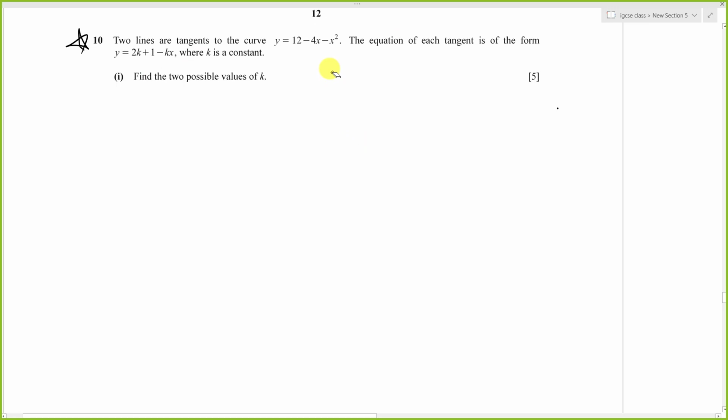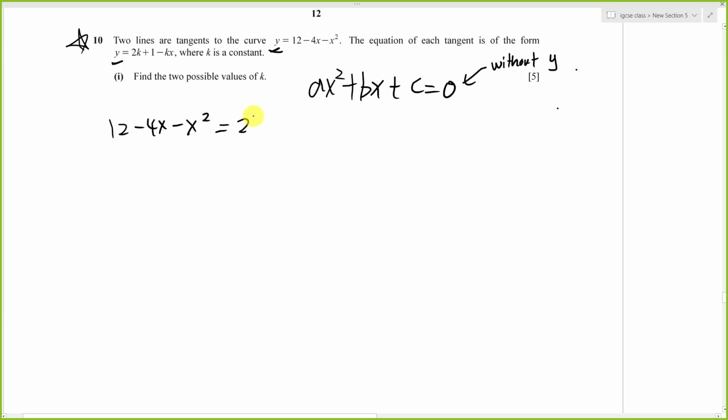But before I sub into b squared minus 4ac, I must make my equation into the general form, which is ax squared plus bx plus c equals 0. You realize there's no y here, isn't it? So that means I need to sub the y into the equation. So 12 minus 4x minus x squared equals 2k plus 1 minus kx.